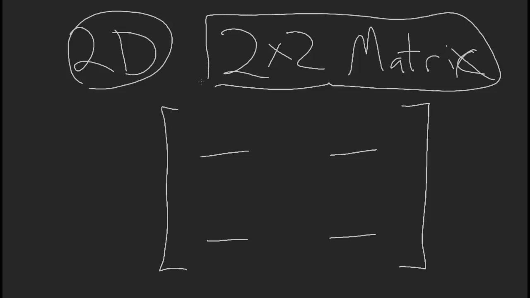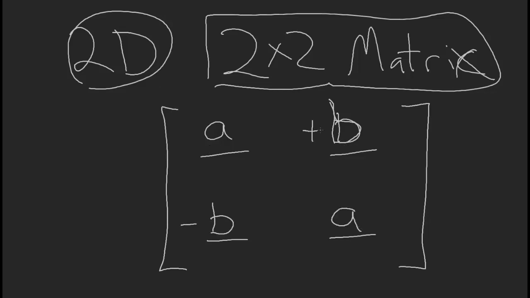Okay, and there's going to be a number here. Okay, let's call that A. And there's going to be a number here. Let's call that B. Okay, and here's where it gets a little tricky. In a complex number, if you put A here and you put B here, you have to put minus B here, and you have to put A here.